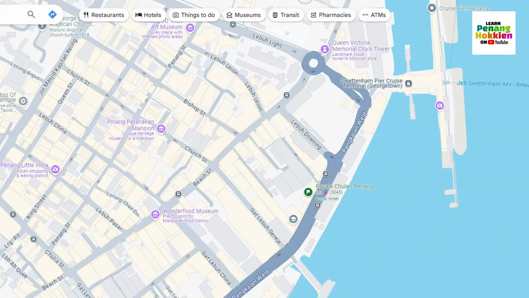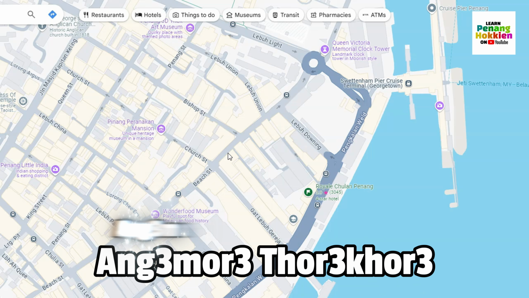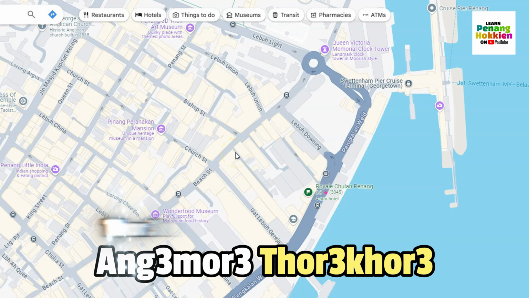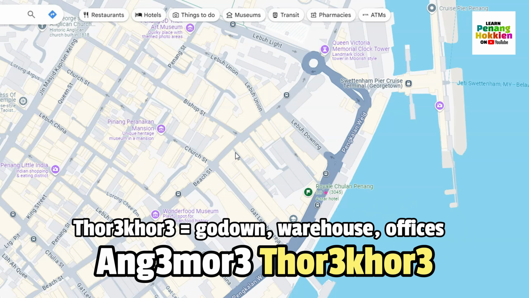This stretch of Beach Strait from the roundabout until the junction of China Strait was known in the past as Ang3mor3 or simply Thor3khor3. But what is this Thor3khor3? Thor3khor3 means warehouse or godown or offices.